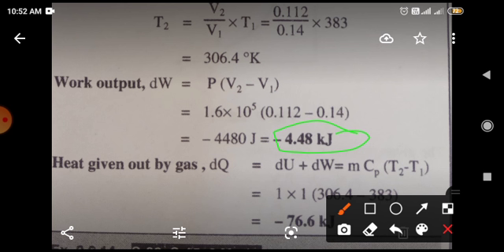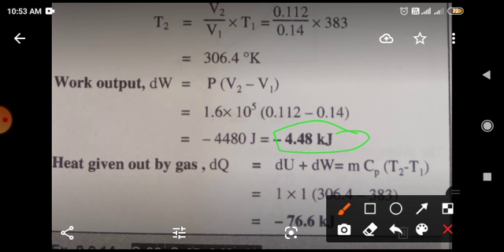Why is negative work done? We have seen when work is positive and when work is negative. If work is done by the system on the surroundings, then it is considered positive. But in this case, the surroundings have done the work on the system. Therefore the negative sign of this work you can see over here.